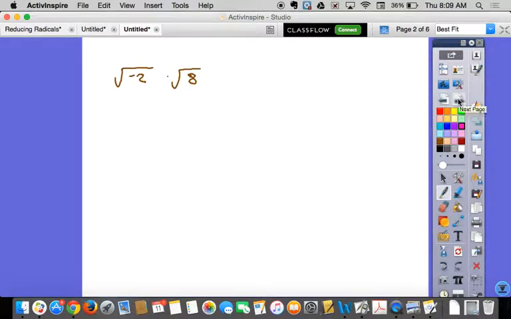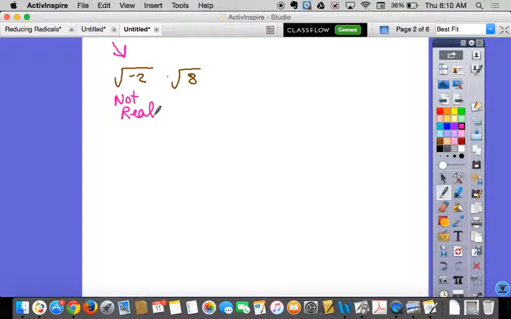Is it a problem with square roots? Yes, it is. Because the square root of negative 2, this is not real. So we're not going to proceed with this problem because this is not real.